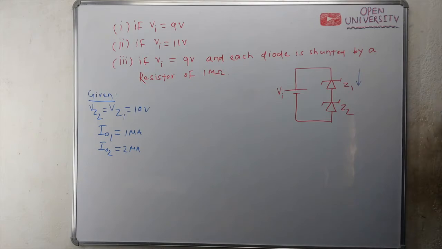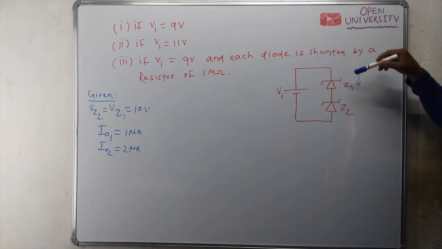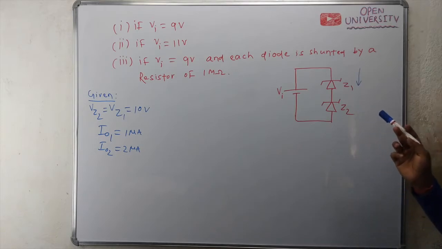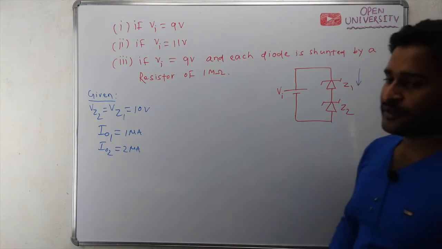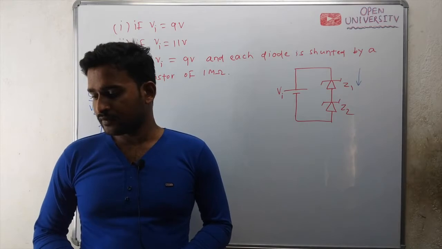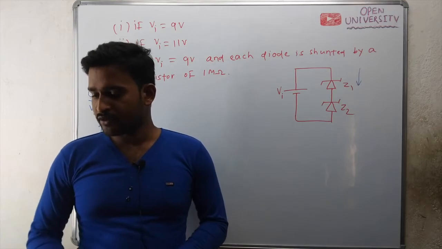Now the I01 value and I02 value are not the same, they are different. But here both Zener diodes are connected in series, so one single current will flow through both the diodes, and that single current is nothing but the smaller of the two currents. So what is the smaller current? 1 microampere will flow in both the diodes. Write down this point.